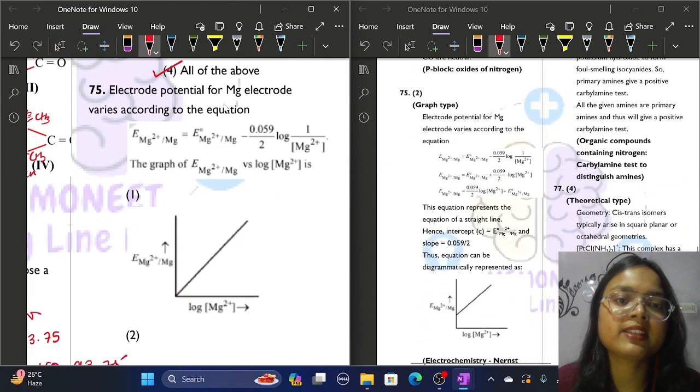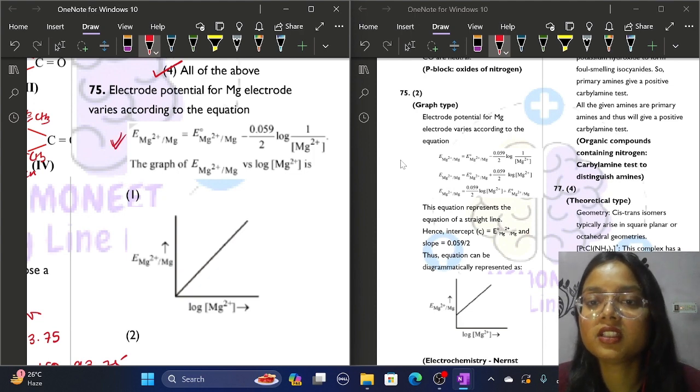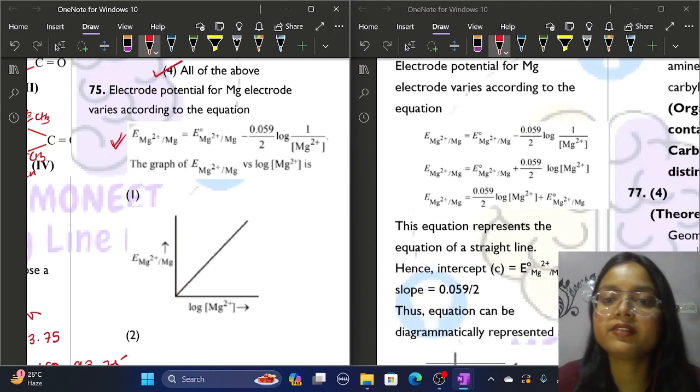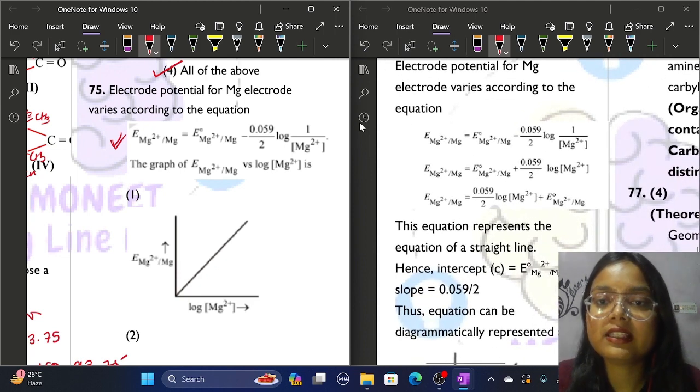For question number 75, the electrode potential for the magnesium electrode varies according to the equation. The equation is given here. First, we have to rearrange the given equation: E of Mg2+/Mg equals E naught of Mg2+/Mg minus 0.059 by 2 log of 1 by Mg2+.